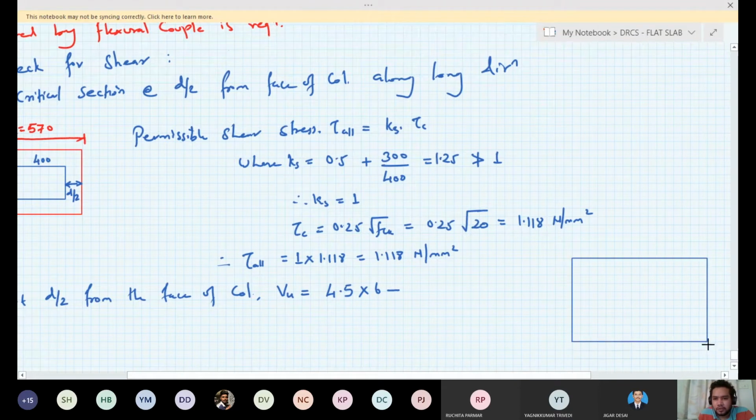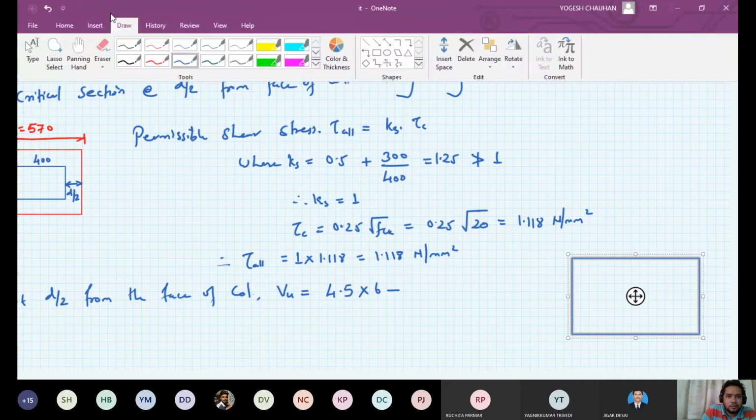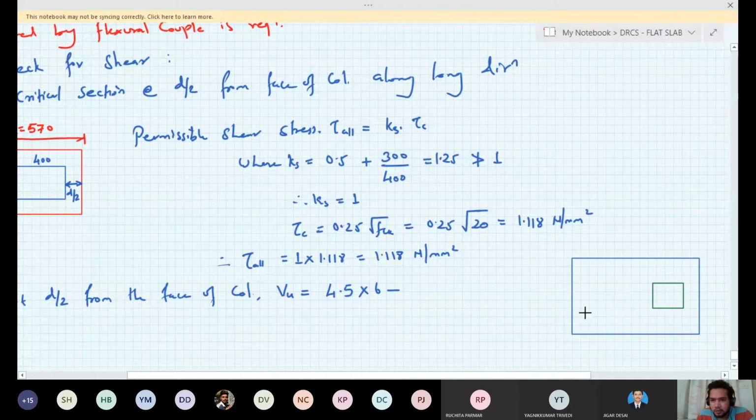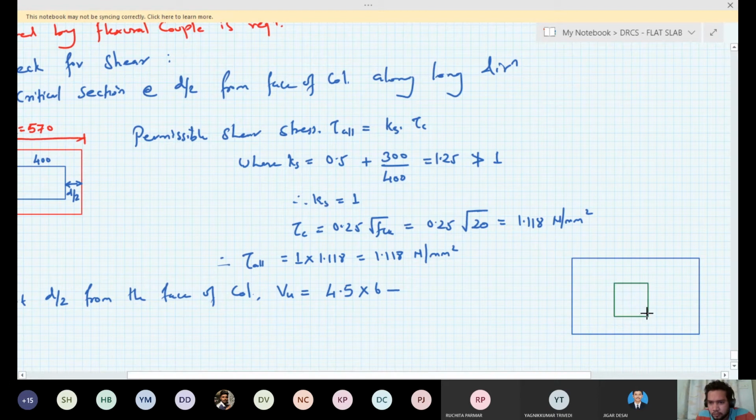So this is our panel size, and this is the critical section.